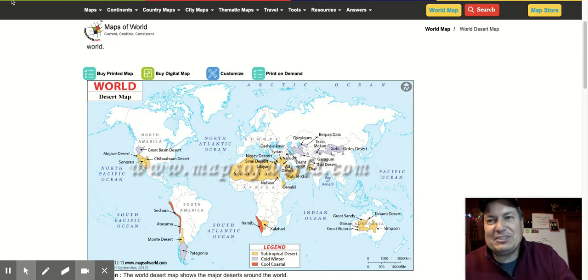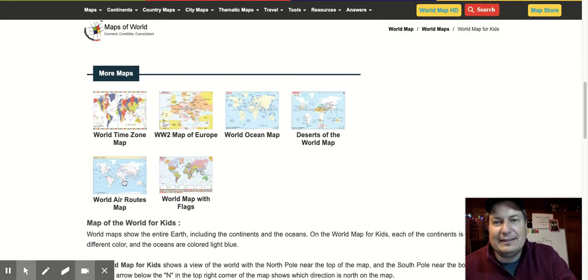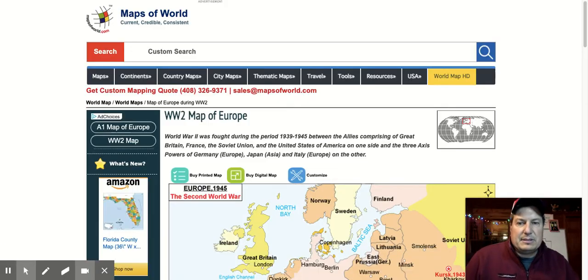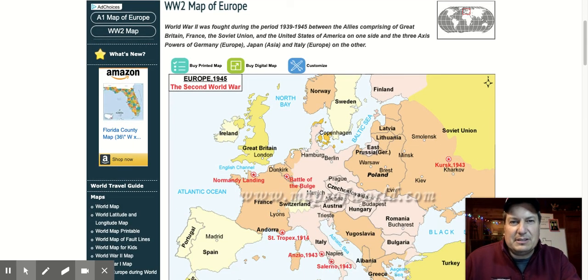But as you'll notice, there's different kinds of maps. If you've ever had a chance to study a map, you know that you can learn a lot about history, and you start asking yourself questions of, well, how did that border come to be? Why is that border like that between those two states or those countries?